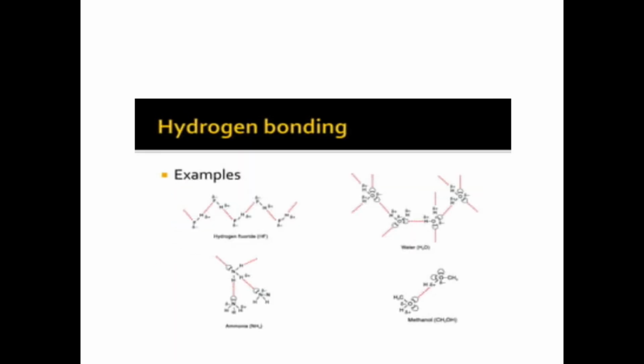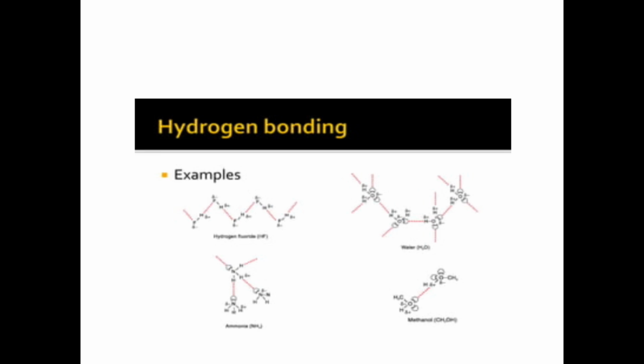So we can look at various examples of compounds with hydrogen bonds. We talk about hydrogen fluoride, the alcohols, and the halides of group 5, group 6, and group 7.